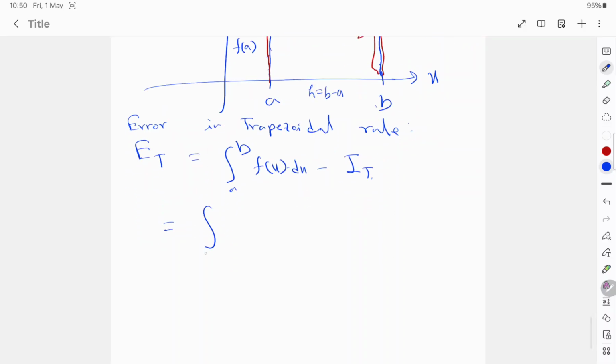So basically the integral from x0 to x0 plus h of f(x) dx minus h by 2 into f(x0) plus f(x1). So you have to find some bound of this thing.